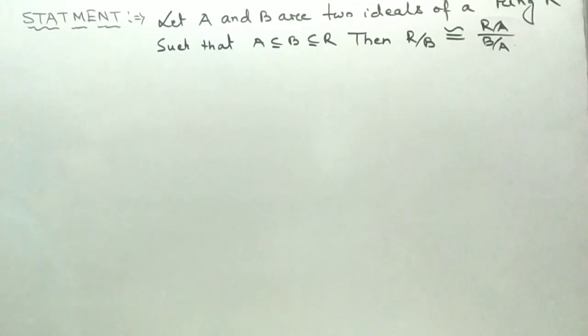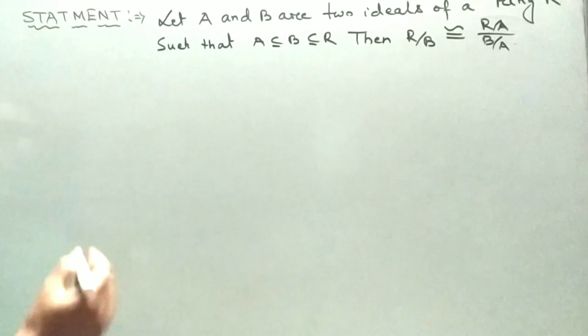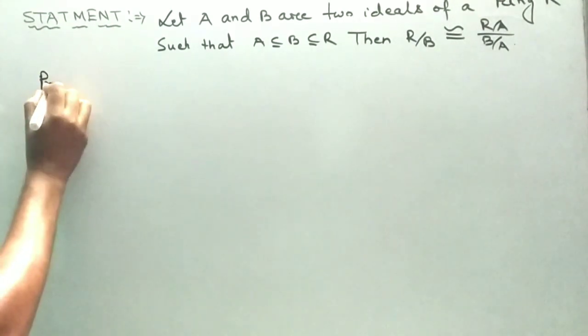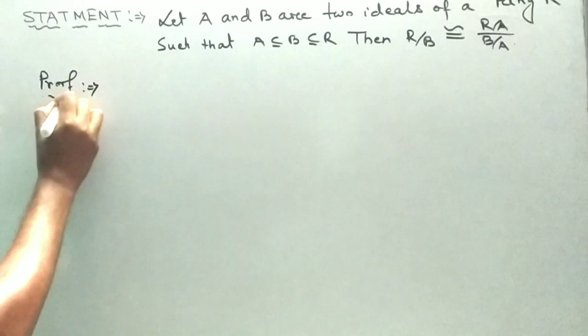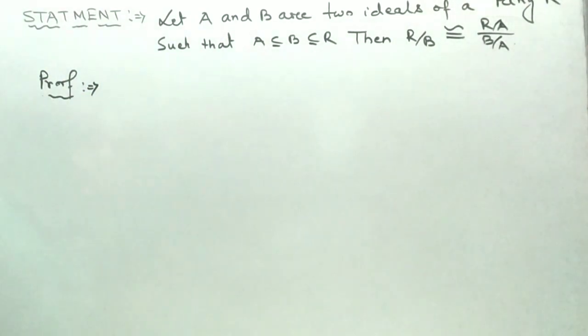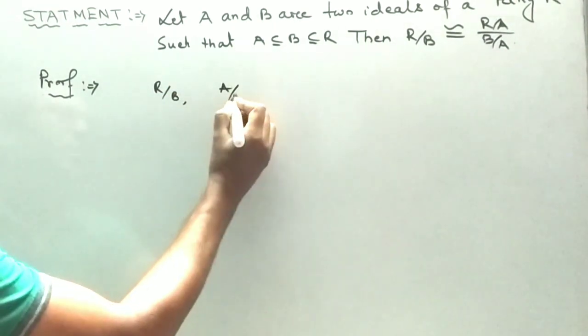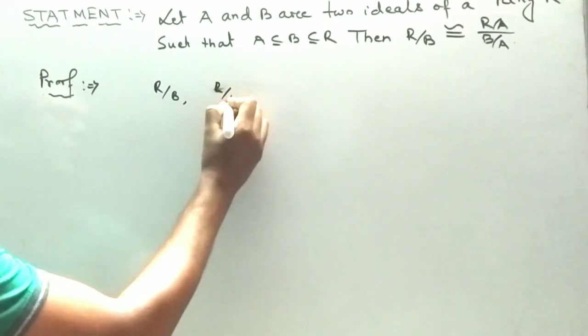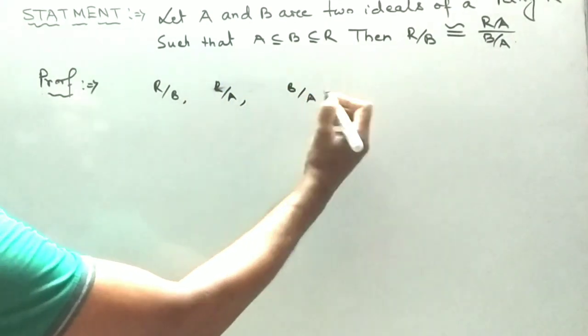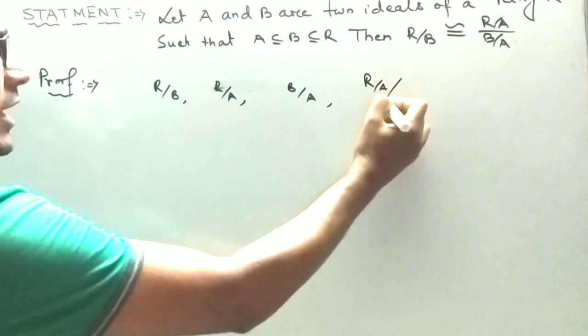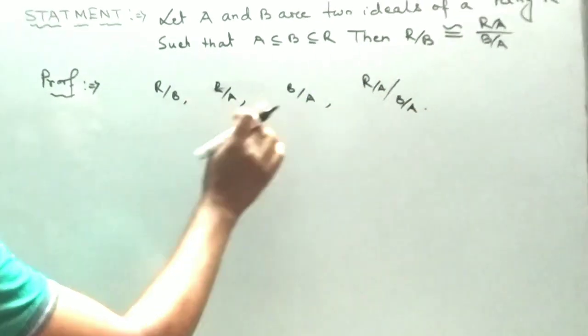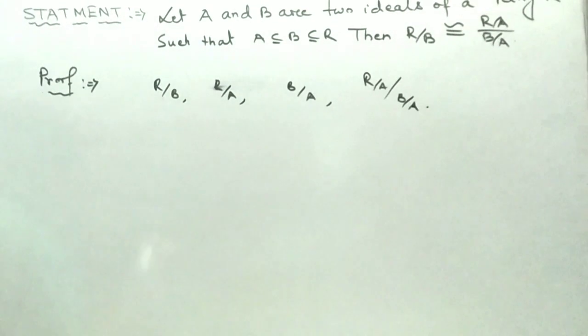Okay. Now we go to the proof of this theorem. To prove the theorem, we first show that R/B, R/A, B/A, and (R/A)/(B/A) are four quotient rings.